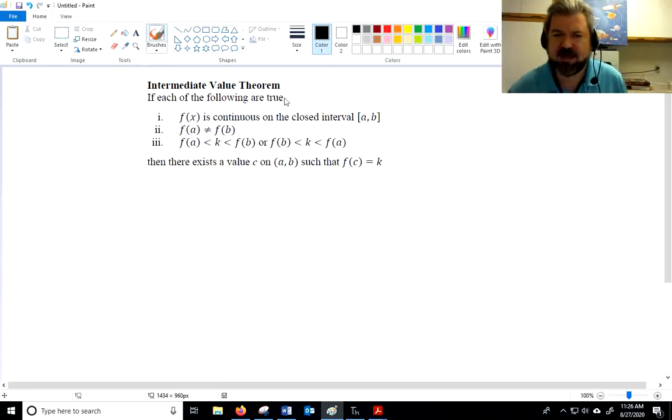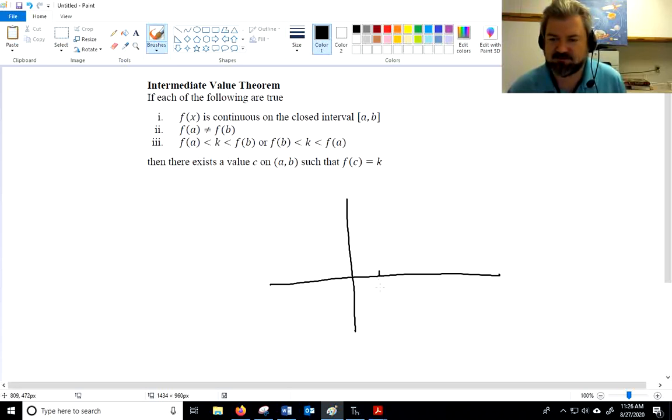So if I had, let's see, and I'll use this condition here. Okay, so I'm going to call this a, I'm going to call this b. Then f of a, let's make that right here. We know that's true. And then I'm going to put f of b up here.